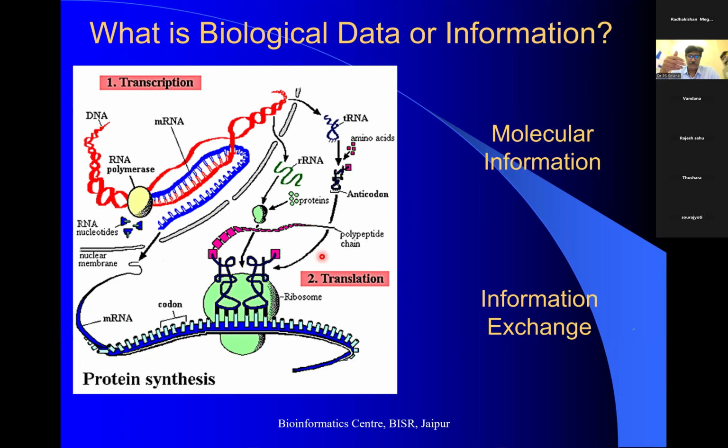For those who come from a chemistry background, biological organization is like a pyramid. We start from atoms; atoms make molecules, molecules make larger molecules, larger molecules make organelles, organelles make cells, cells make tissues, tissues make organs, organs make organ systems, and finally an organism.